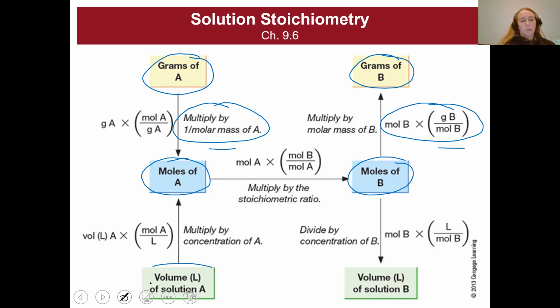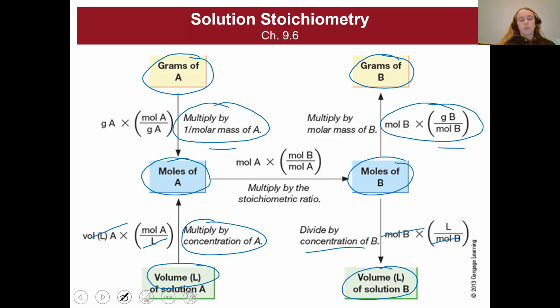If you want to go from a volume to moles, you multiply by the concentration. So volume in liters cancels out. If you want to go from moles to volume, you divide by the concentration so that moles cancel out.